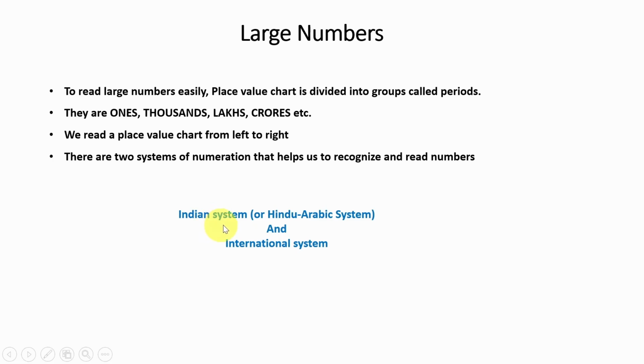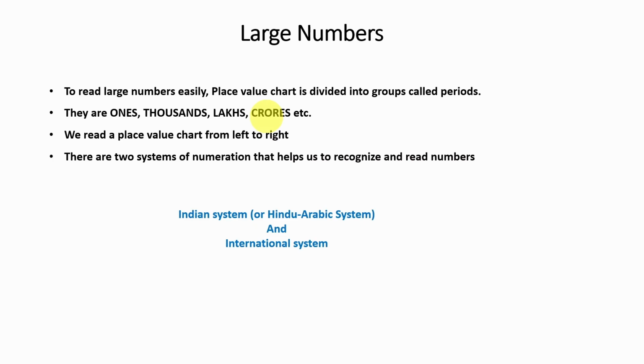The Indian system is also called the Hindu-Arabic system. In both systems we have place value charts, and this chart is divided into groups. Those groups are called periods. The different periods are ones, thousands, lakhs, crores, millions, etc.